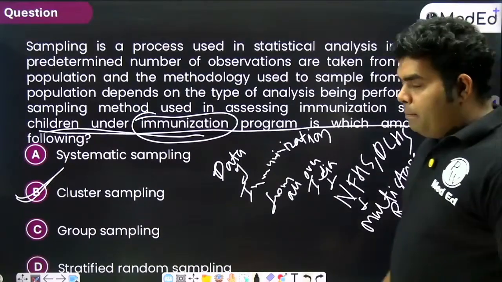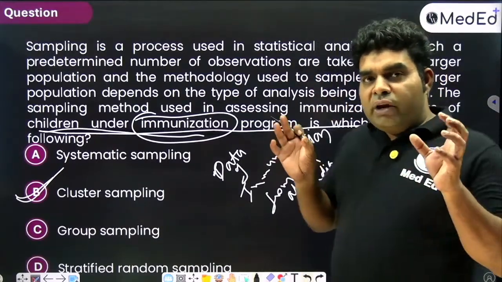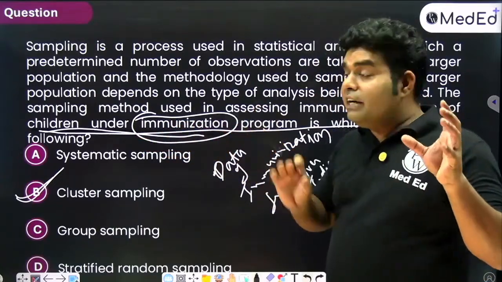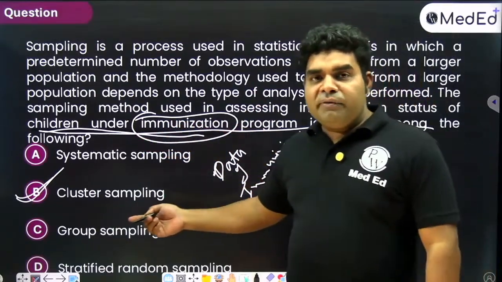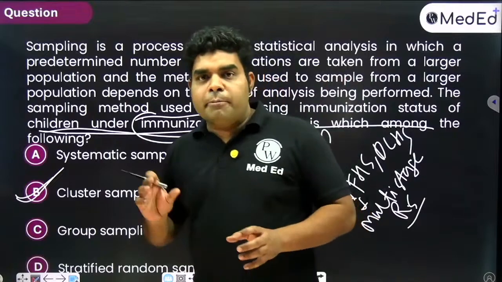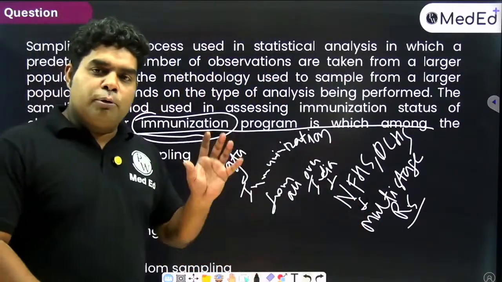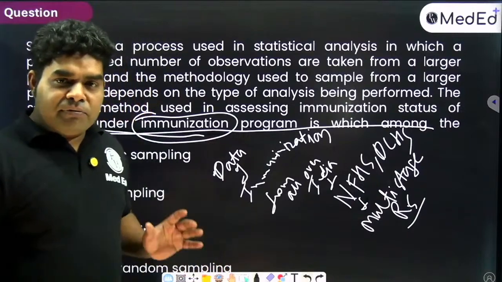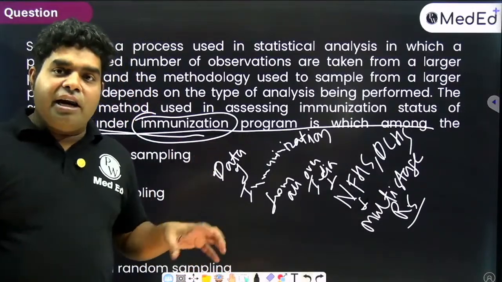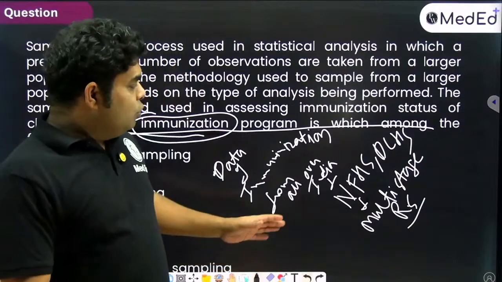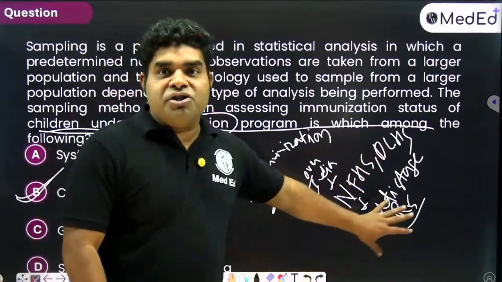But if they ask that when we have to know how many children are immunized in each different area, then which sampling do we do? Cluster sampling. If you want to compare Bihar and UP based on immunization, then you do cluster sampling, the WHO immunization study. But if they ask how many children in Bihar are immunized, if you want to know that, then you have to collect the data by multi-stage random sampling.